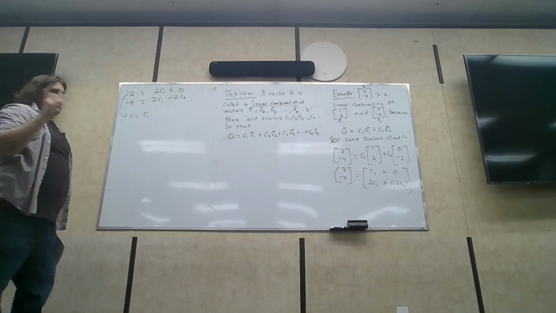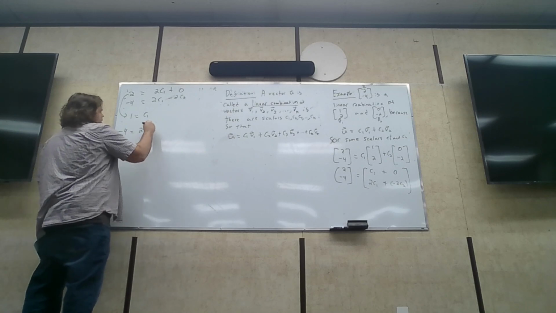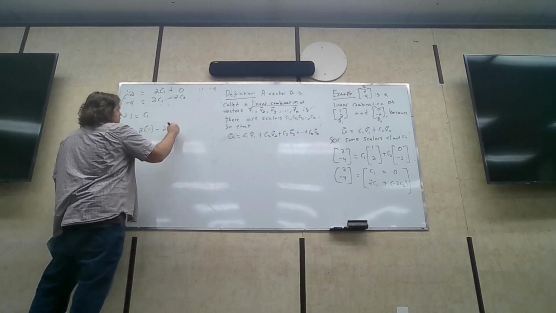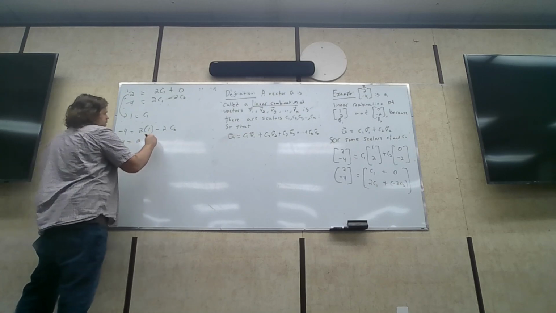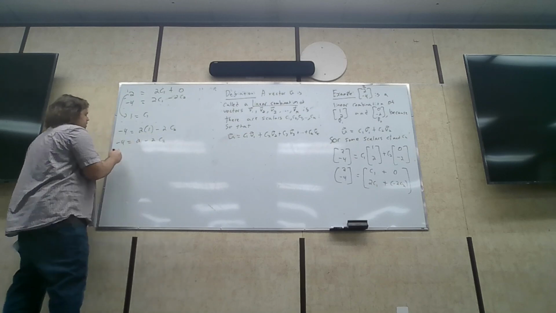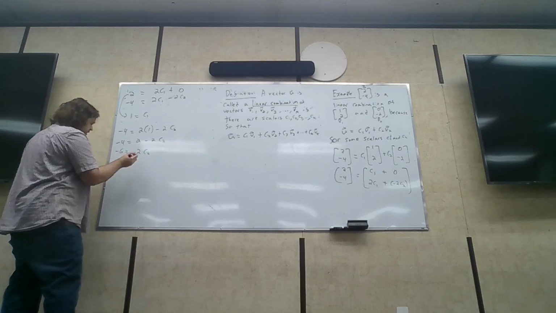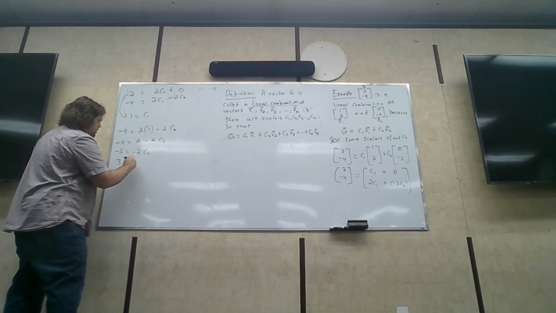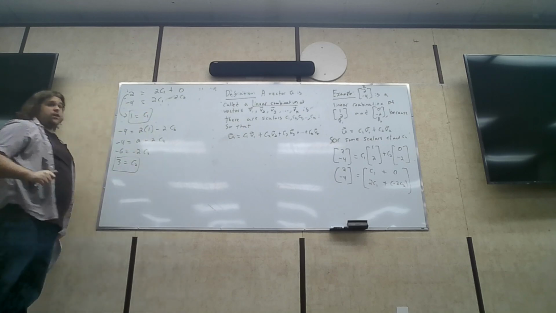Okay, so then we can plug 1 in. And now we move this over, minus 6 is equal to minus 2c2, so c2 is 3. So that tells us what numbers go in front.